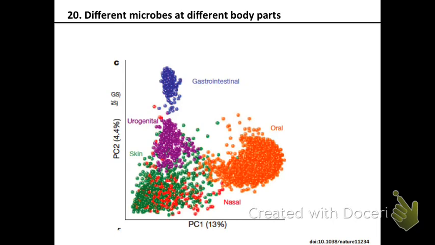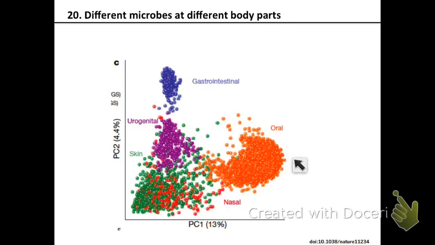It's, again, kind of a clustering algorithm, right? So it's looking at each of these samples and asking how similar they are to each other. And if they're similar, the plot, which is two-dimensional, puts these two samples near each other, right? So if two samples are similar, they're near each other. And the algorithm basically colors each of these samples with a different color based on where they were taken from, right?